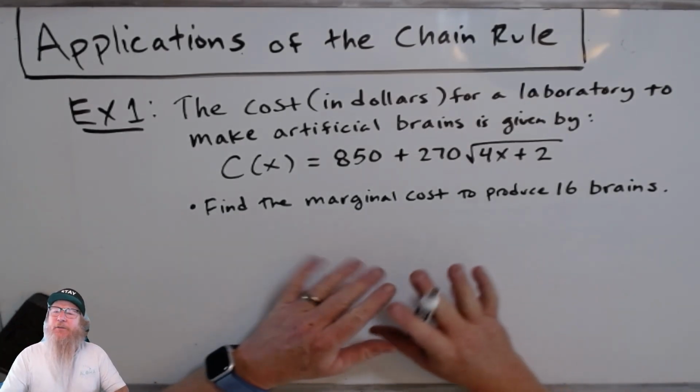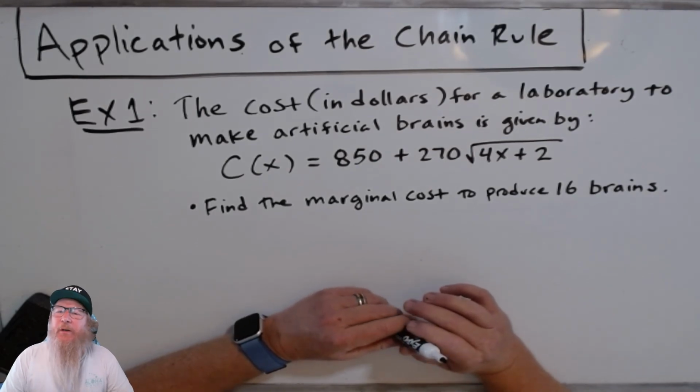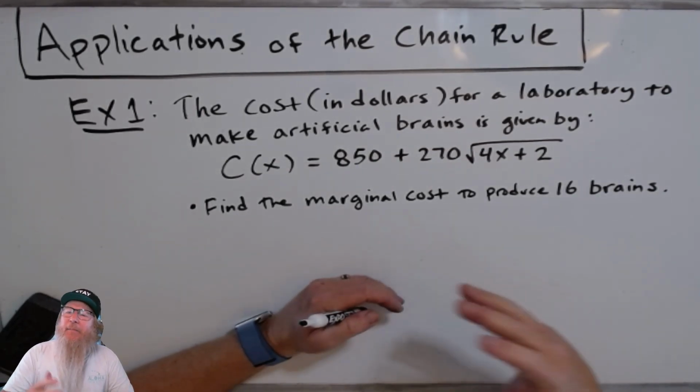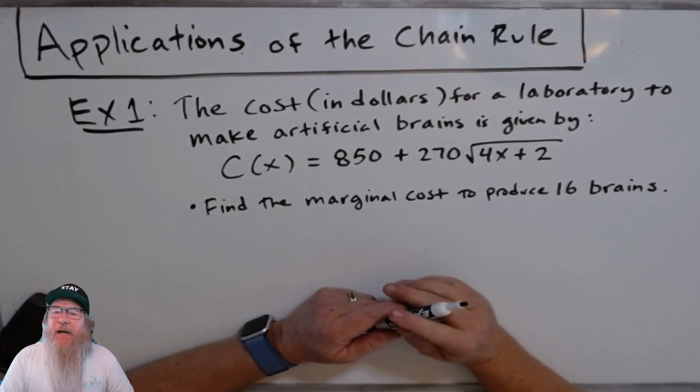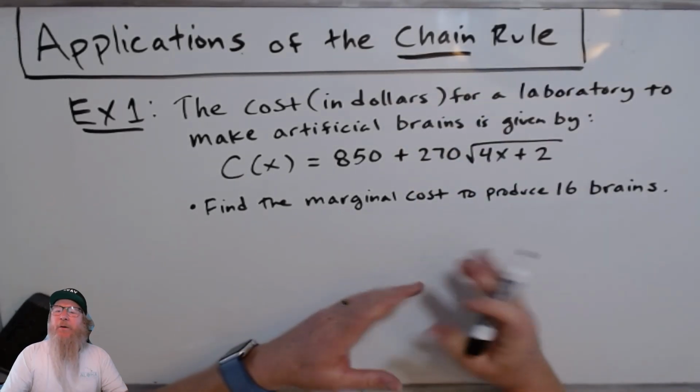To get the lecture started today, I've got an example very similar to some of the business applications that we've seen in the past. However, the complexity of the functions is now increased due to the fact that we have this new rule.